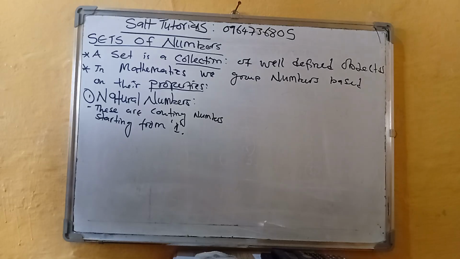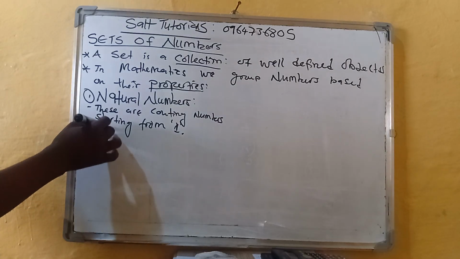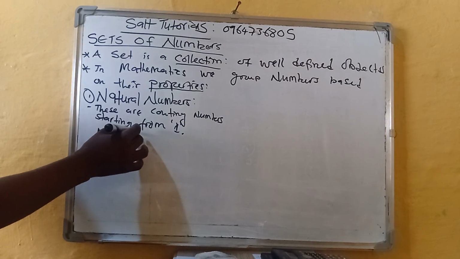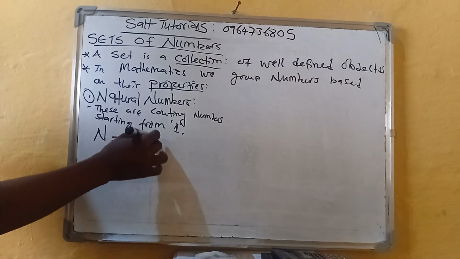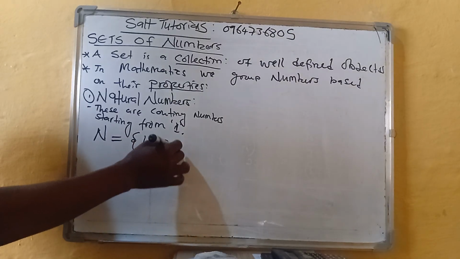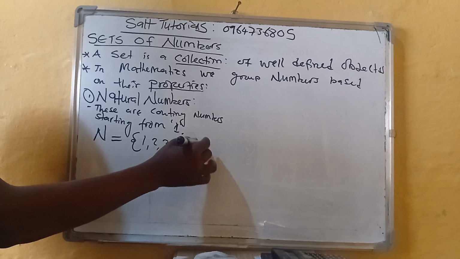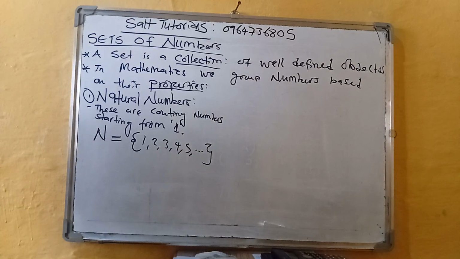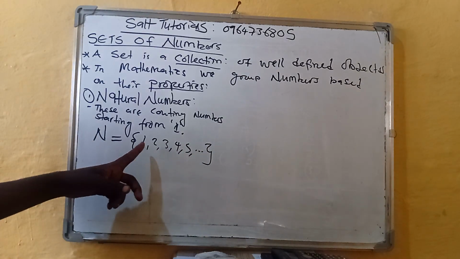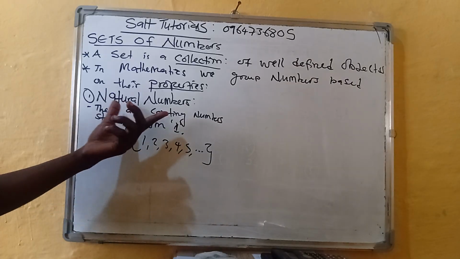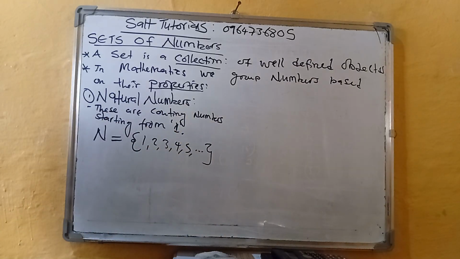So the natural number set N is equal to 1, 2, 3, 4, 5, and the count continues. Every counting number starting from 1 is going to be called a natural number.